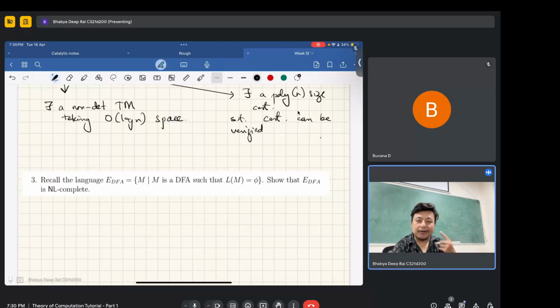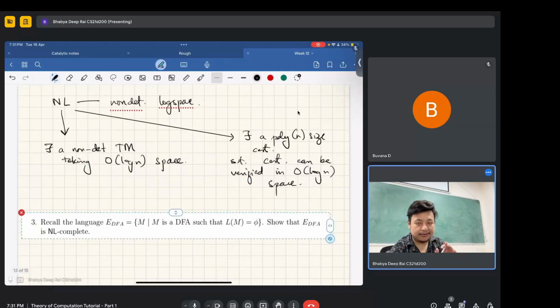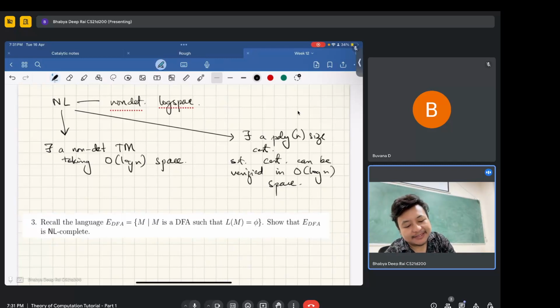By efficient, now we do not mean that the time taken is polynomial. Now we mean that the space taken is logarithmic. It can be verified in O(log n) space. These are the two different definitions. Recall the definition of NP and compare. It's quite similar. And like we have P versus NP, we similarly have L versus NL also. This is not known so far.